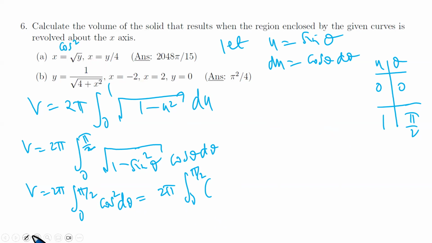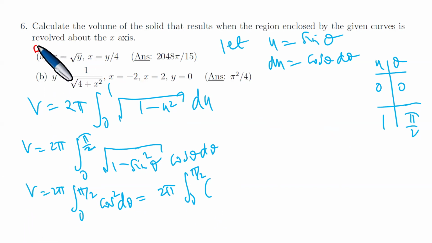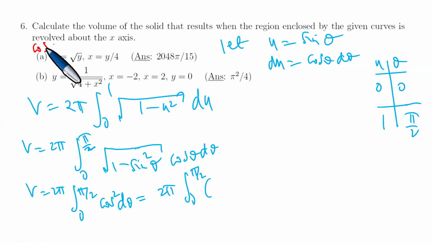Cosine squared, from high school, the cosine double angle formula. Expand it. Cosine 2 theta is 2 cosine squared theta minus 1.